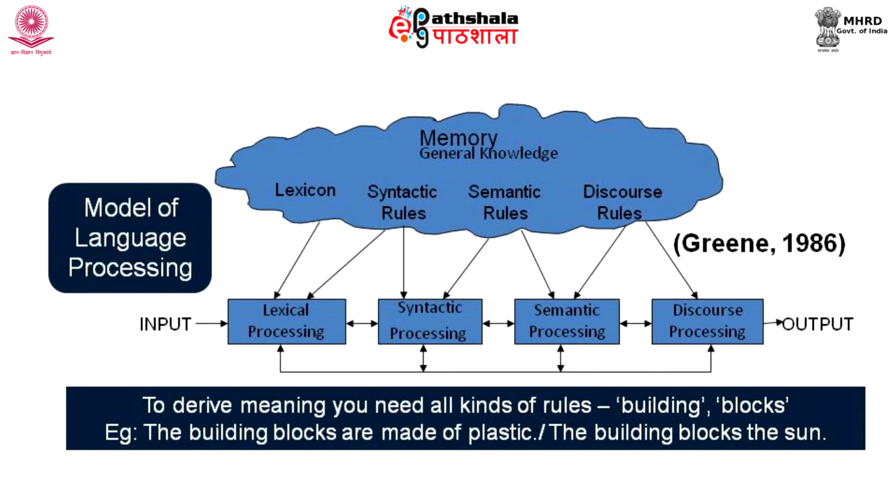So that cloud is our brain, where the memory stores the lexicon, syntactic rules, semantic rules, and discourse rules. Now this kind of language processing model is needed in building computational models. So let us look at a dialogue model.